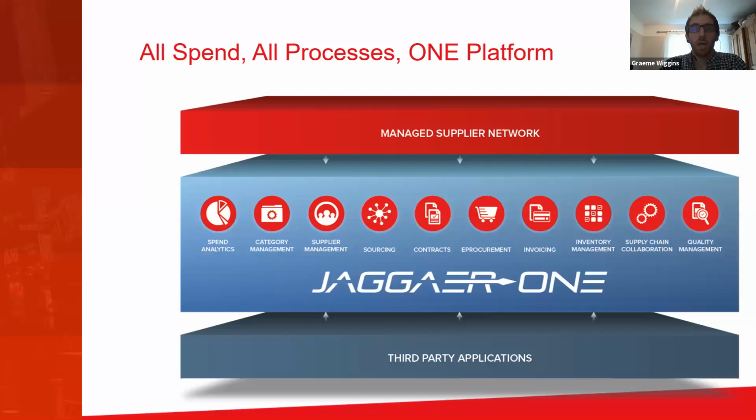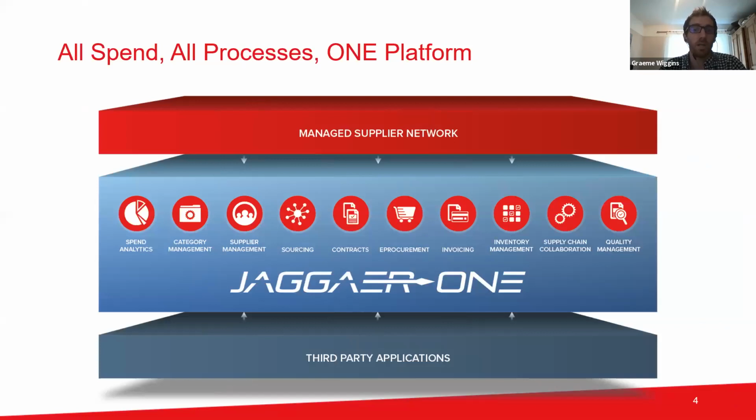So Jagger, we are a cloud-based procurement technology provider. Our Jagger One platform covers the full end-to-end spectrum of how organizations can manage their spend. Part of our solution covers the upstream strategic procurement activities such as contract management, performance, online RFP, RFQs, and auctioning. We have downstream P2P, so procure-to-pay solutions.